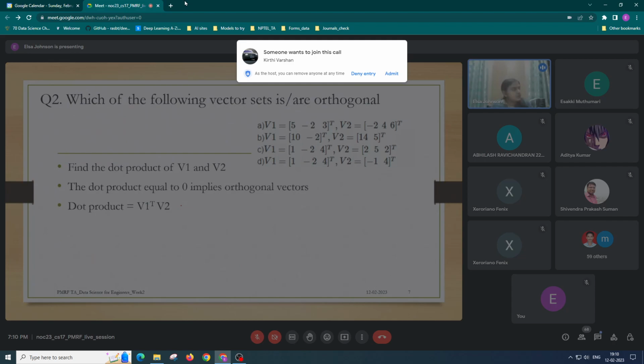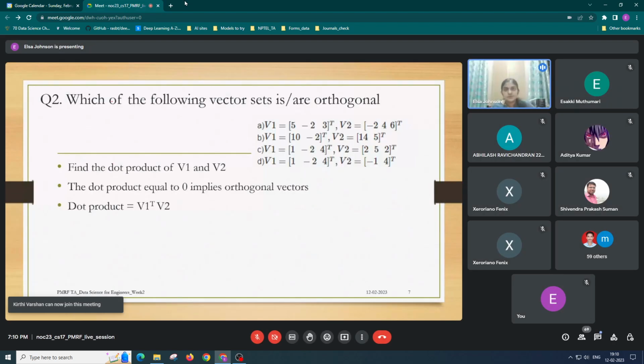Okay, so the next one: which of the following vector sets is or are orthogonal? I'll do the first one. You try all the options and try to find out the answer. The first one is 5, minus 2, 3.